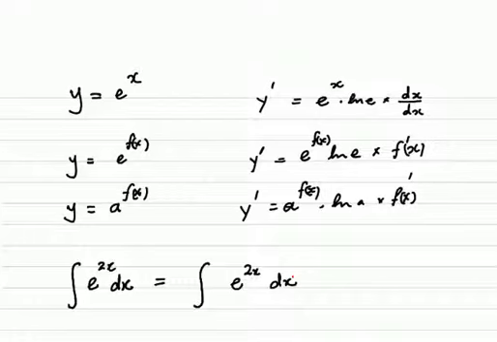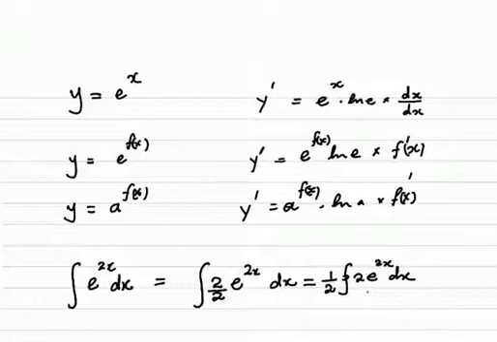We can now insert a 2 here over a 2, in a similar way to what we did with the sine. In the next stage, we factor out a half and have the integral of 2e to the power 2x dx.